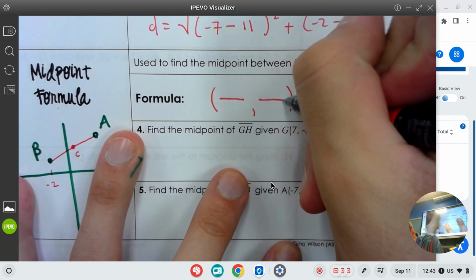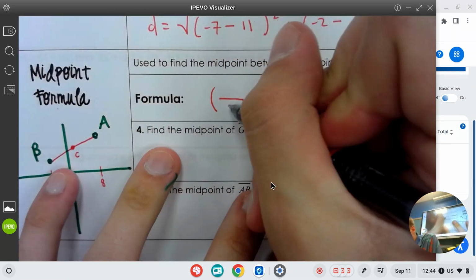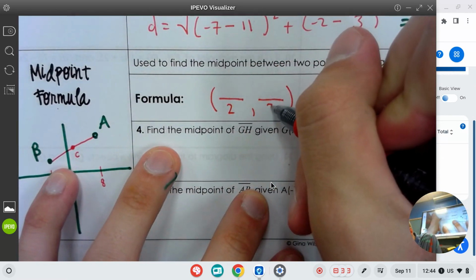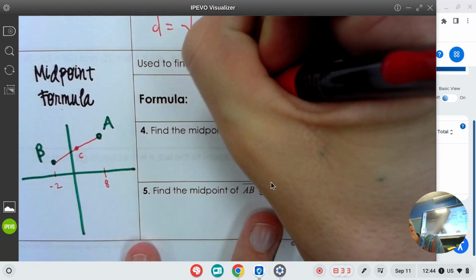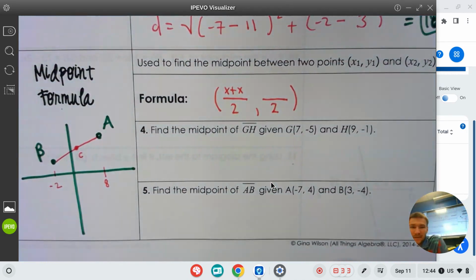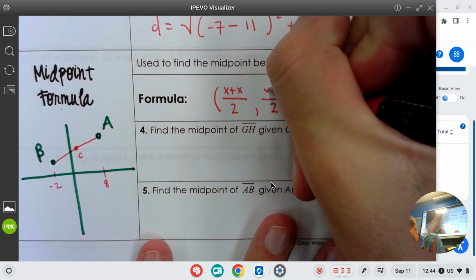We're going to have a fraction in the formula, but we're almost never going to get fraction answers because we're going to add 2 things and then cut it in half. On the x side, we're going to do x plus x. And guess what we're going to do for the y coordinate? We're going to do y plus y.